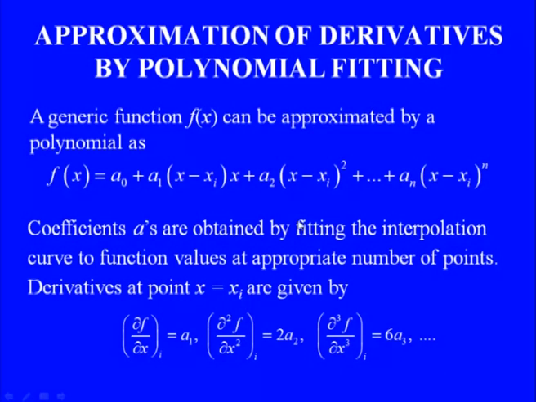minus 1 using this. As an example, let us find out using polynomial fitting a 3-point finite difference approximation, for which we would need a quadratic polynomial at grid points i minus 1, i and i plus 1. We want to have a quadratic polynomial fitting.